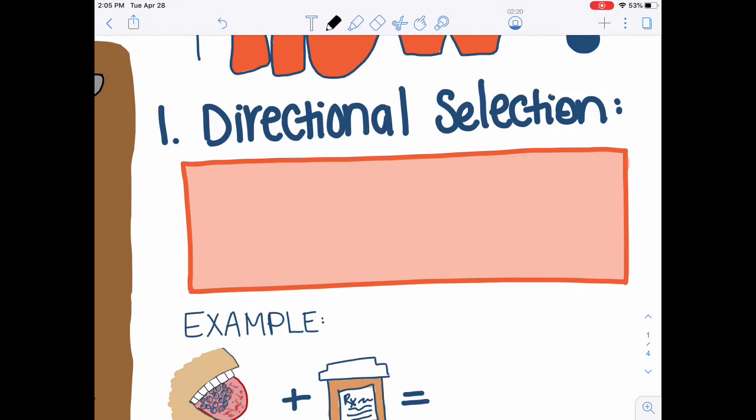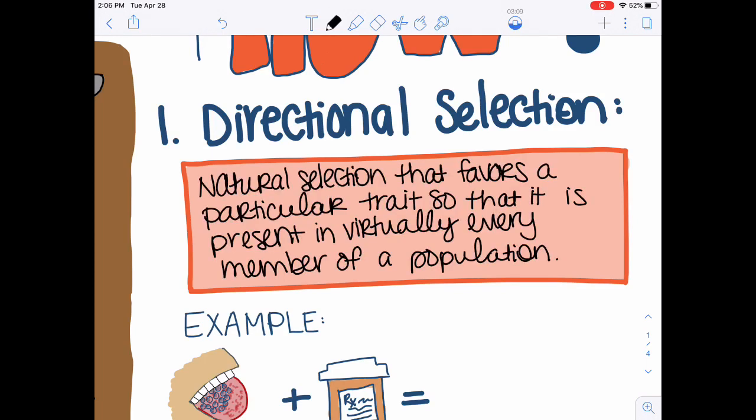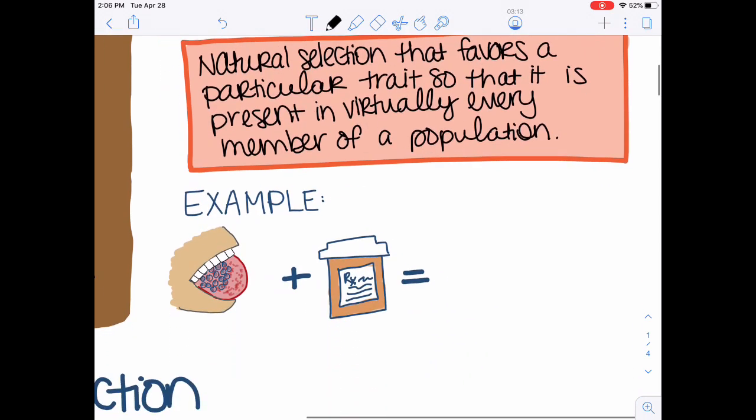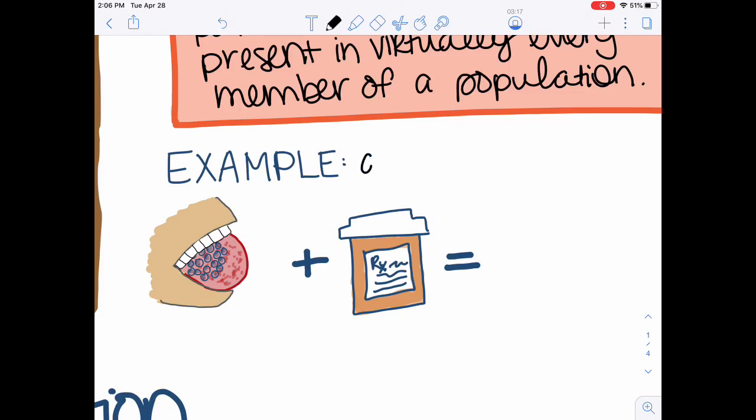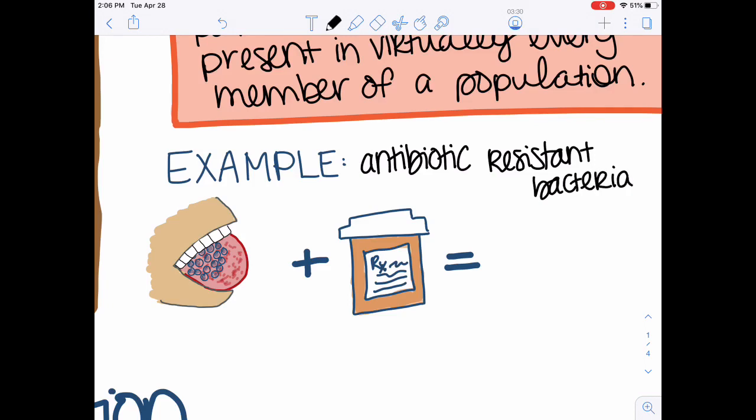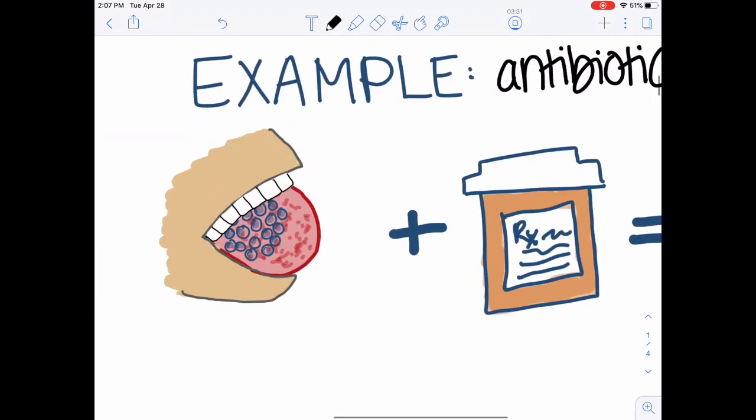of a population. My example for directional selection is antibiotic-resistant bacteria, which is actually not a good thing, but it is an example. My picture is showing a person. This is their mouth, teeth, tongue.